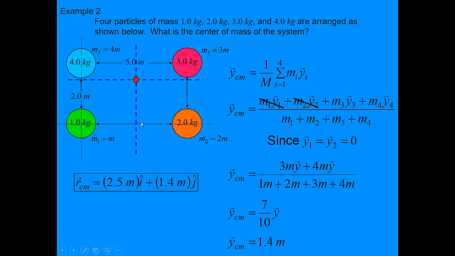Positive 2.5 meters, positive 1.4 meters, put you right there. That's the 2-dimensional position of a center of mass. I've never actually seen them ask you for a 3-dimensional system of particles, but it could be done. You just have to know all the coordinates, which is why they rarely ask you, because it's hard to draw.